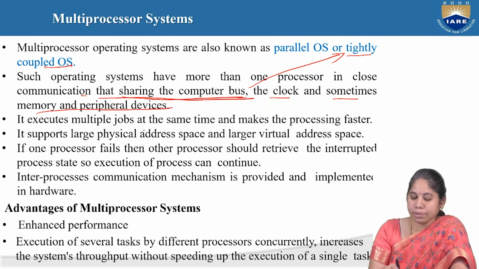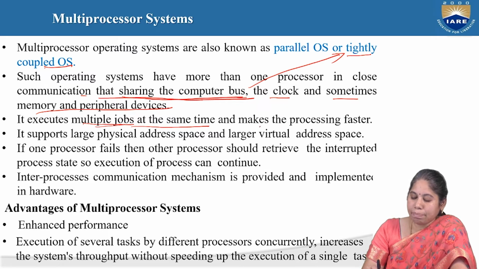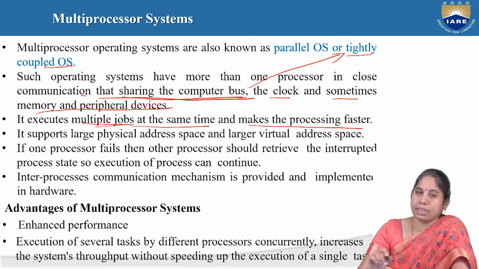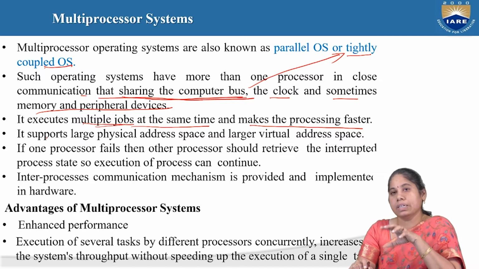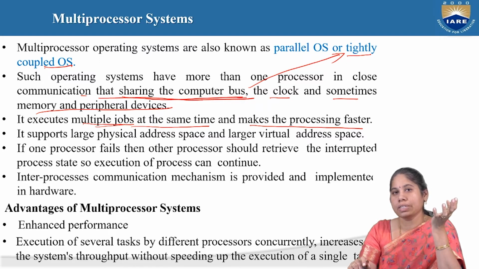It executes multiple jobs at the same time and makes the processing faster. Suppose some scientific applications require more and more calculations, particularly space applications, where it requires many calculations to come to an inference or to get the output.